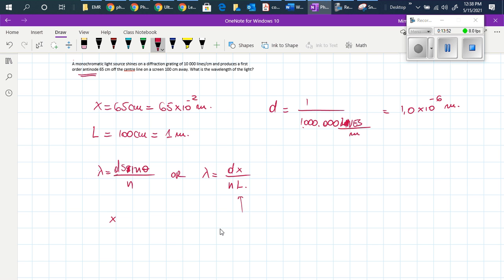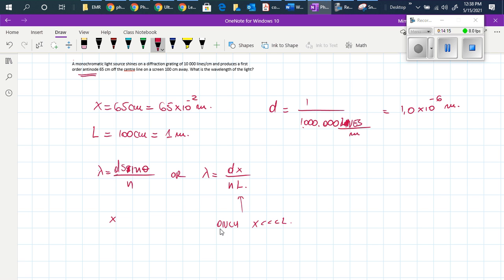This formula is true only when x is very small in comparison to L. So the screen is far away from the source, and the distance between the central and the fringe is small.